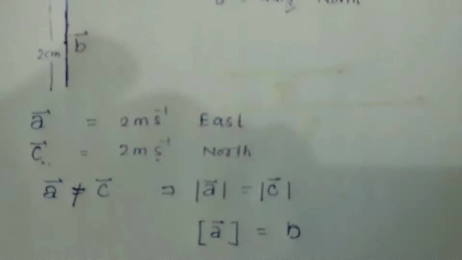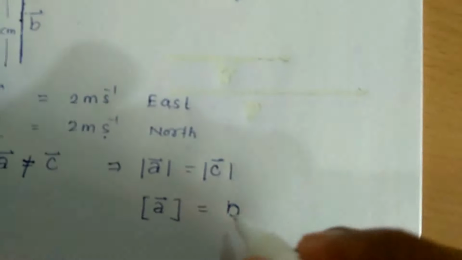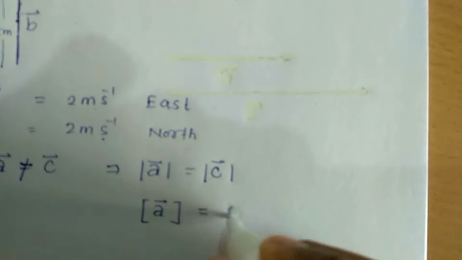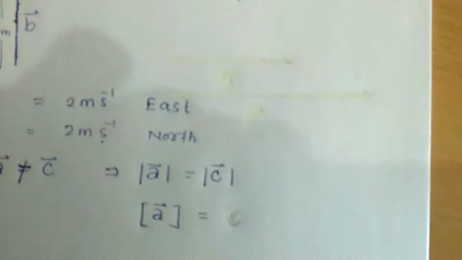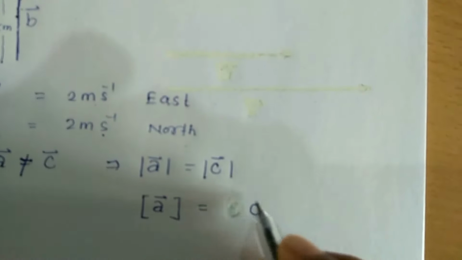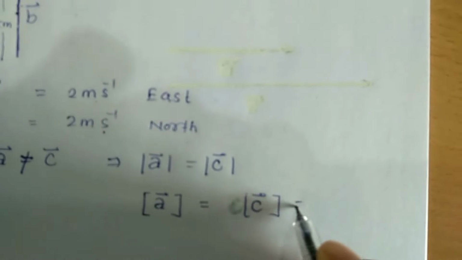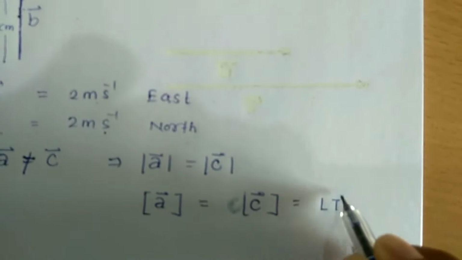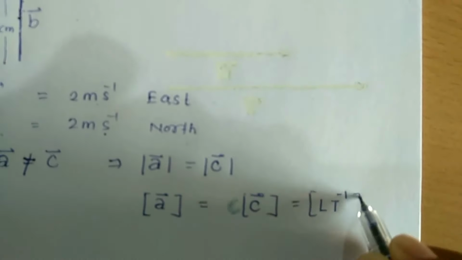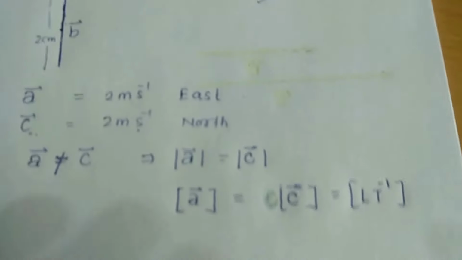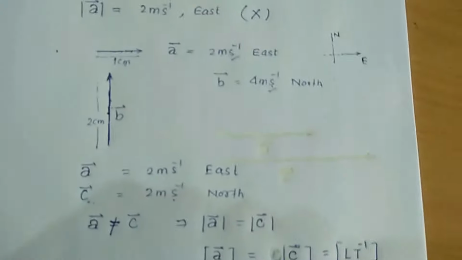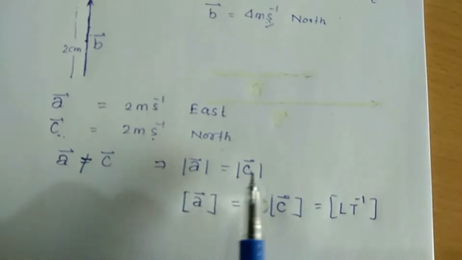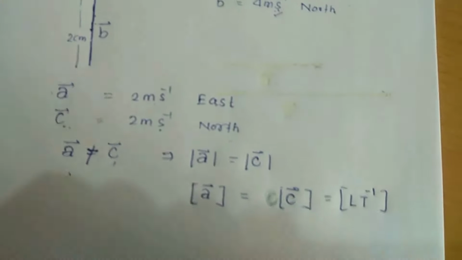Sorry, it is not B, it is actually C. The dimension of A and C is the same, and this is L. That is, vectors A and C are dimensionally equal and magnitude-wise equal, but the vectors are not equal.